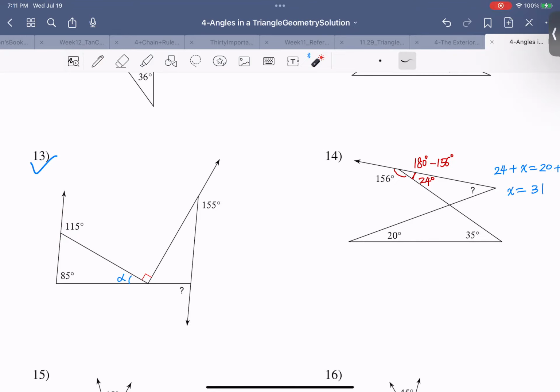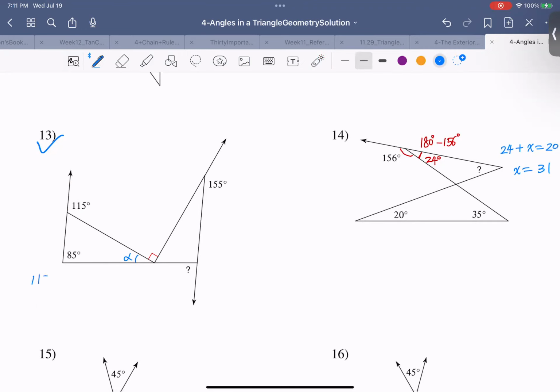So 115 is going to equal alpha plus 85. So alpha will be 30. 30 degrees.